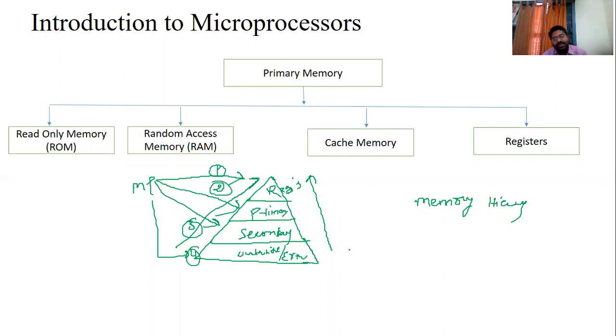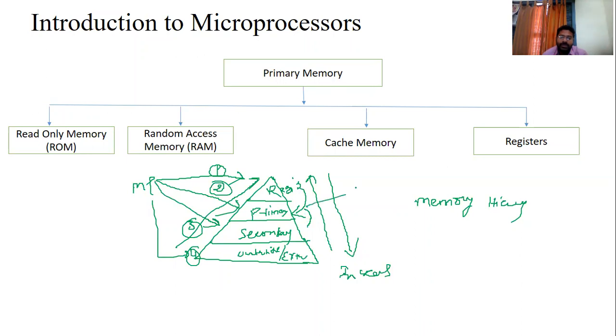Again, you can see the memory size: whenever it goes down, the size of the memory increases. So secondary memory is more when compared to primary memory. Register memory is very little when compared to primary memory.